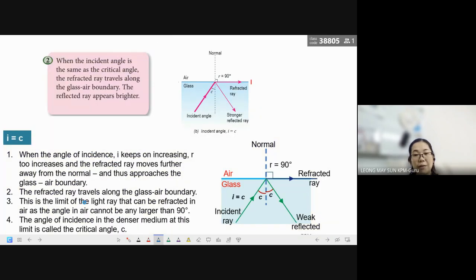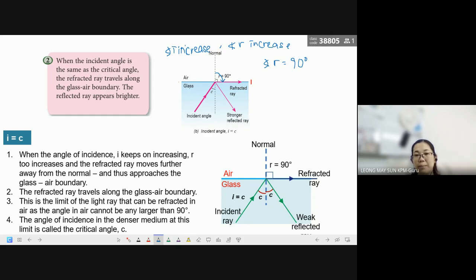But in one situation, as the incident angle increases, the refracted angle will also continue to increase until a certain position whereby the refracted angle is actually 90 degrees from the normal line, which means the refracted ray is at the boundary, at the surface between the air and the glass.